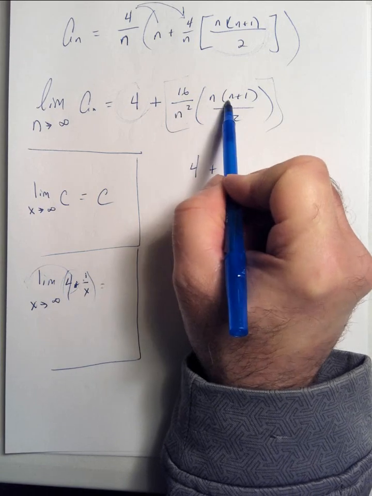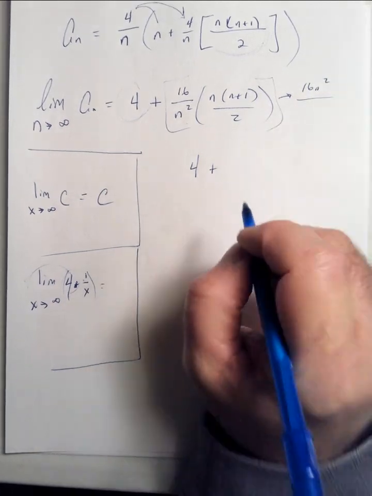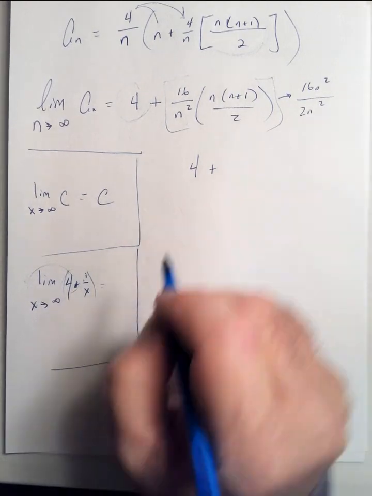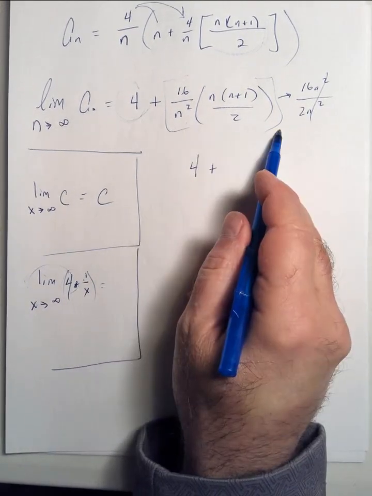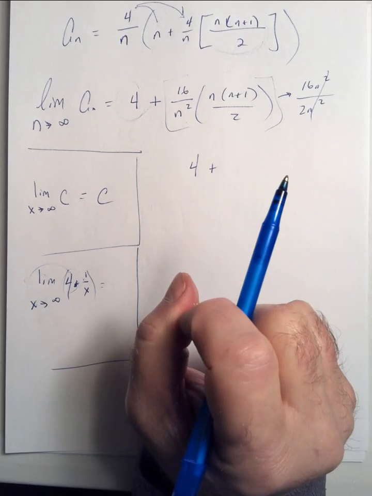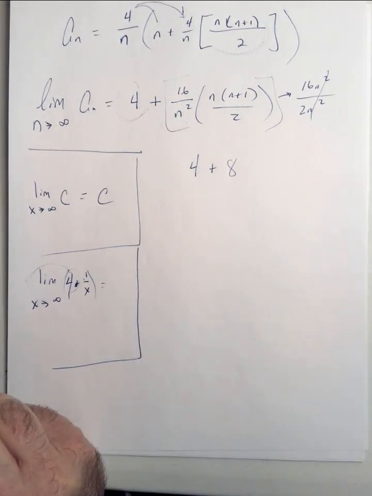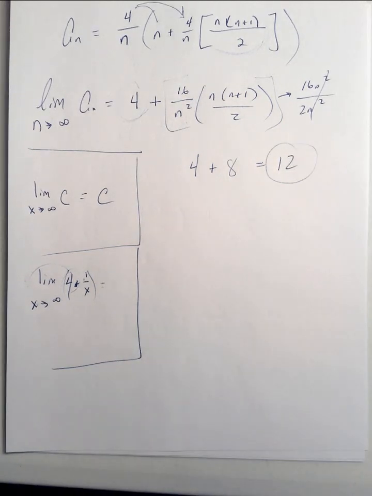The leading coefficient on top is 16, so 16n squared, and on the bottom, 2n squared. So what's the limit of this particular rational function? Without really simplifying anything, I know that it's 8, 16 over 2. So the overall limit at infinity, 4 plus 8, is 12. I know that it is approaching 12.